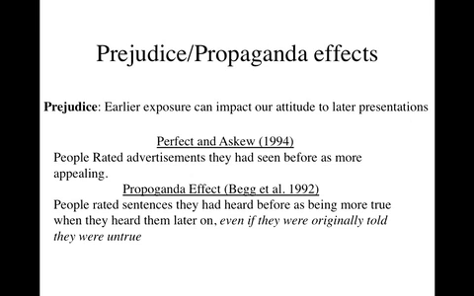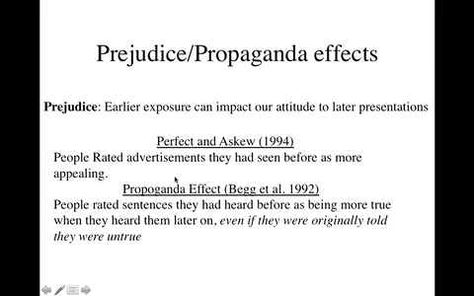Another example of implicit memory is prejudice. That's the fact that people have subjective judgments of things, often based on previous experience, even if one does not remember that previous experience. Some examples of this kind of prejudice in research contexts are things like the fact that repetition can lead to people judging things more favorably, such as advertisements.